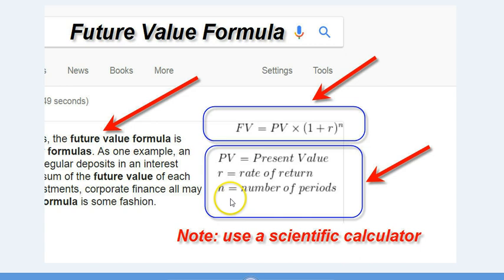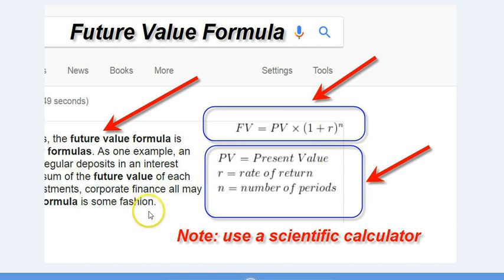In the example I will be presenting, I will most likely be using n in days, and the rate of return will be the percent per day.